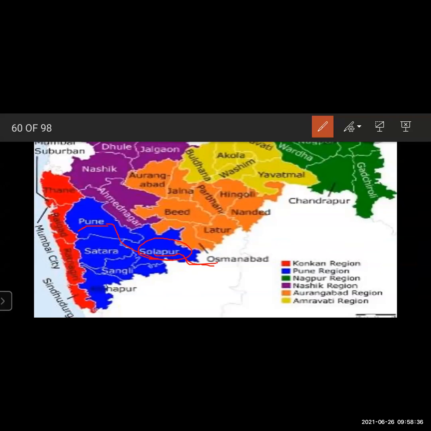The bus is moving this way. So this side is the left, and this is the right side. Students will take a left from here, and here is the Sindhudurg fort. When they take a left, they will see the Pune-Mumbai highway here.